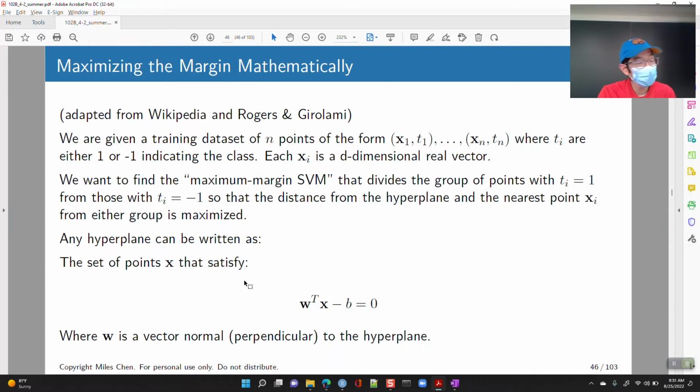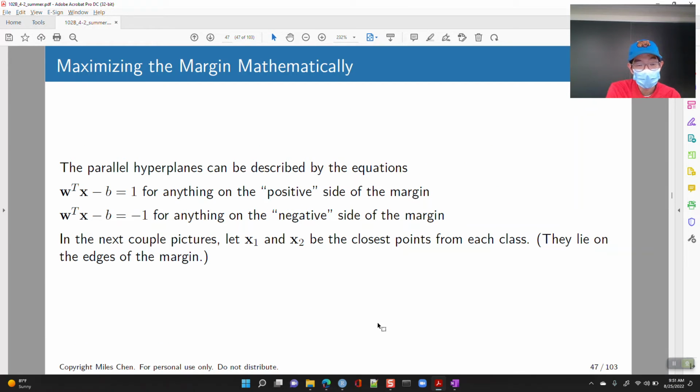And so any hyperplane can be written as W transpose x minus B equals 0. And that's what we have, right? So we're going to say, all right, W transpose x minus B equals 1 for anything on the positive side of the margin, and W transpose x minus B equals -1 for anything on the negative side of the margin. And we'll let x1 and x2 be the closest points from each class.